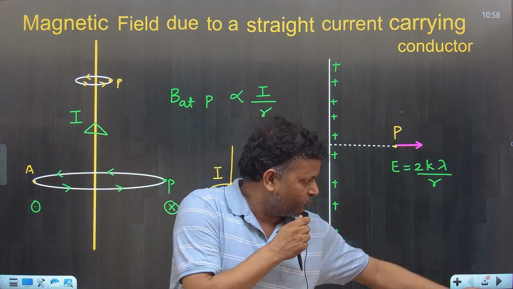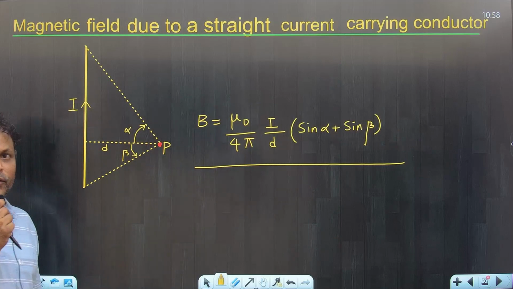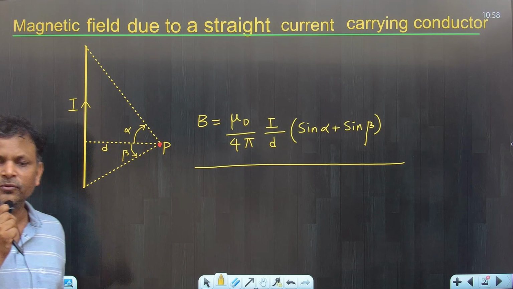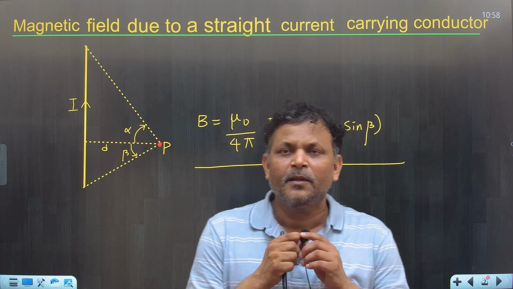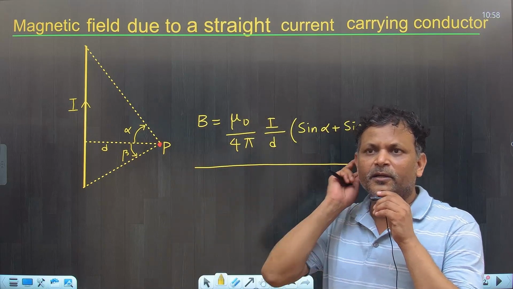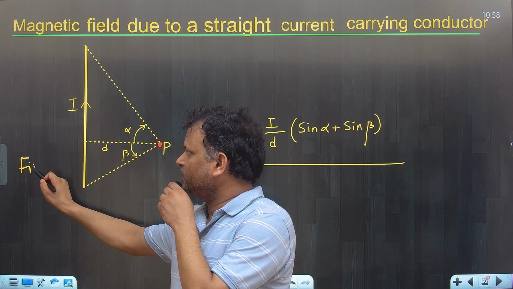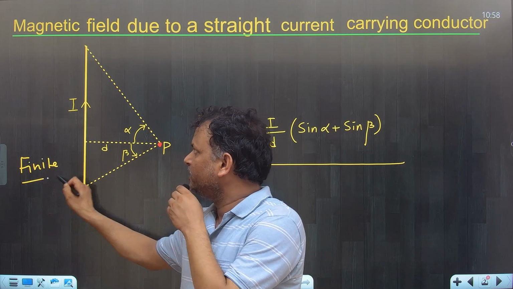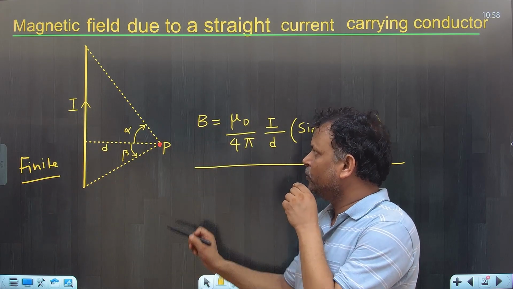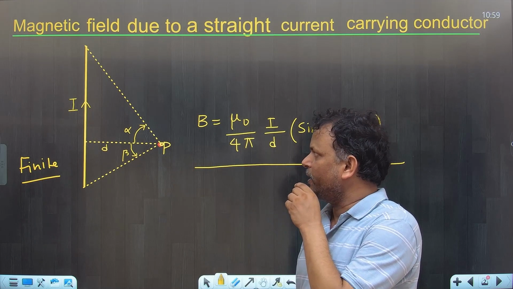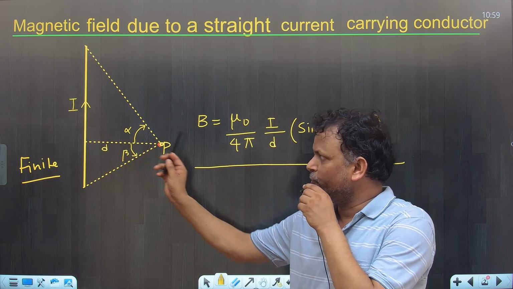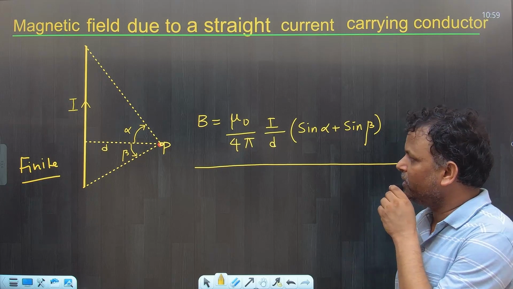Now let us come to another point. Now we have to learn this formula. Magnetic field due to a straight current carrying conductor of finite length. It is a finite conductor having current I, and you have to find the magnetic field at point P, which is in the vicinity of this current carrying wire.